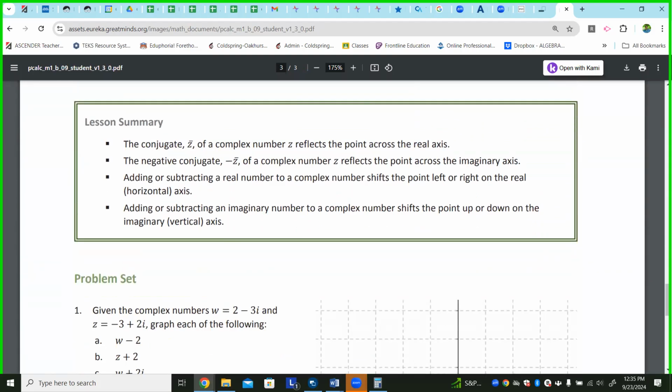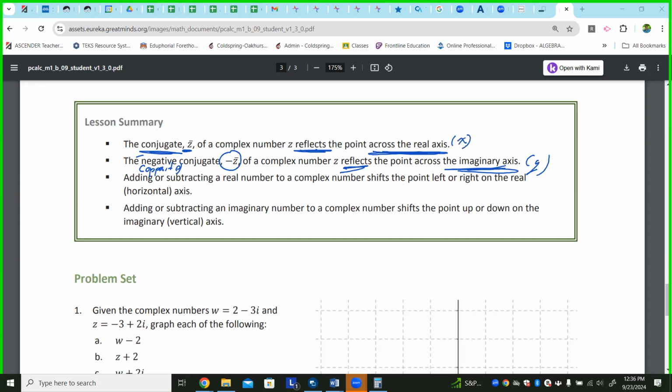So the conjugate of z, again, this is a kind of a review, reflects across the real axis. Right? The conjugate of z reflects across the x-axis. The negative conjugate, or also known as the opposite conjugate, which is now labeled like this, reflects across the imaginary axis. So it reflects around the imaginary axis, also known as the y-axis.